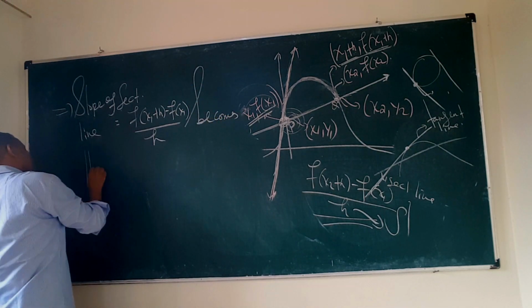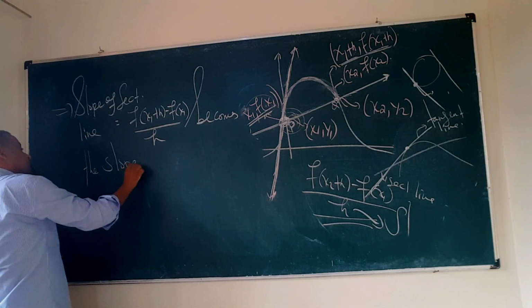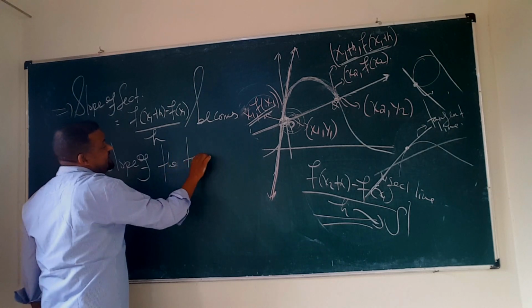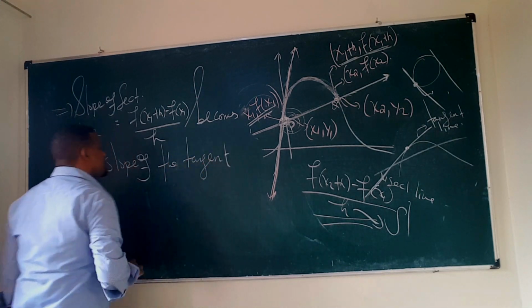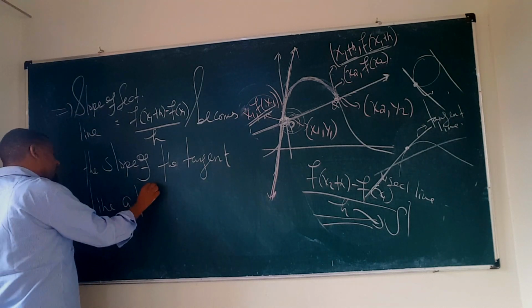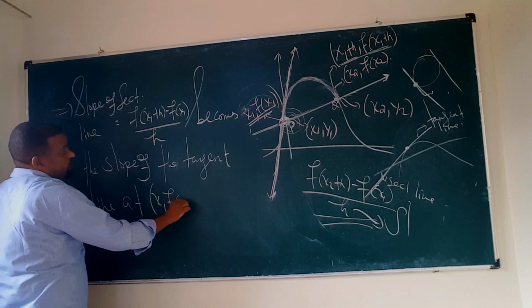The slope of what? The tangent line. The slope of the tangent line at a point where? x1, f of x1.